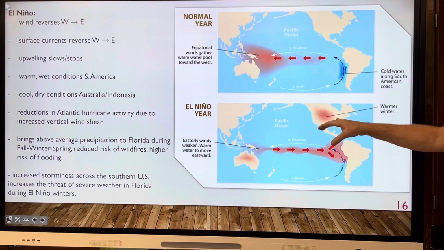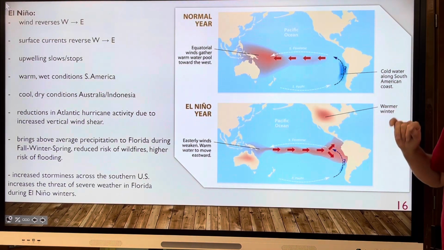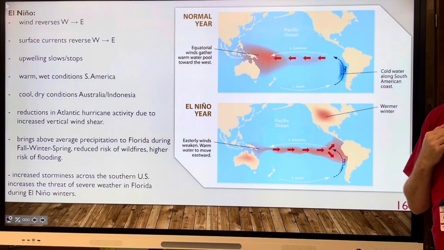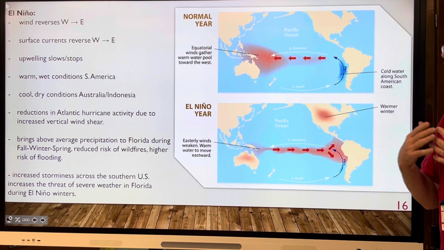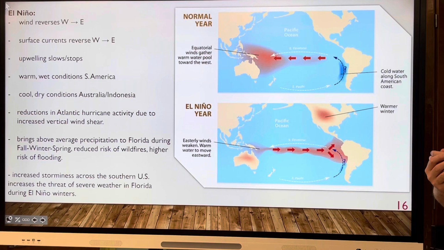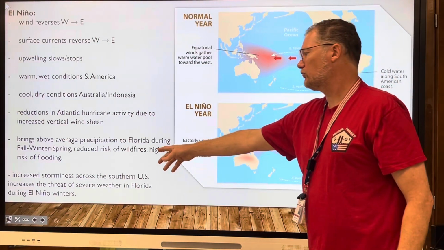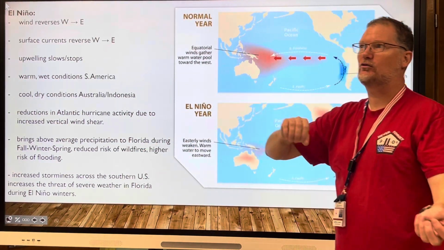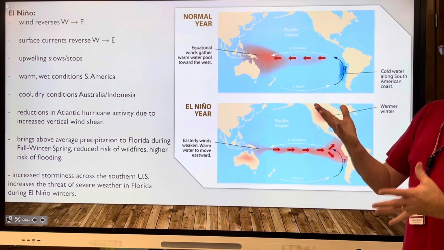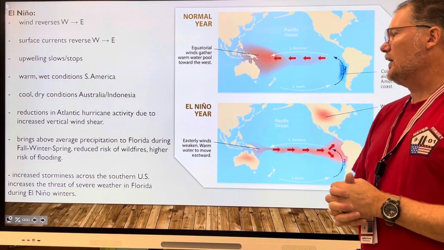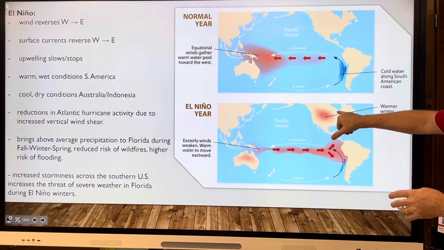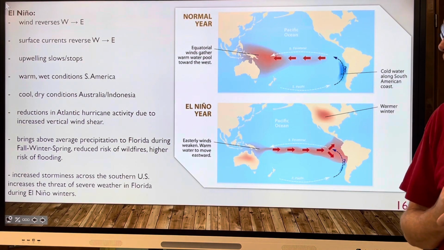It brings above-normal precipitation to Florida during fall, winter, spring. That's supposed to be our dry season, but it makes it wetter. It reduces risks of wildfires, but it also increases risks of flooding, so it goes both ways. And increased storminess throughout the U.S. because of the warmer weather.